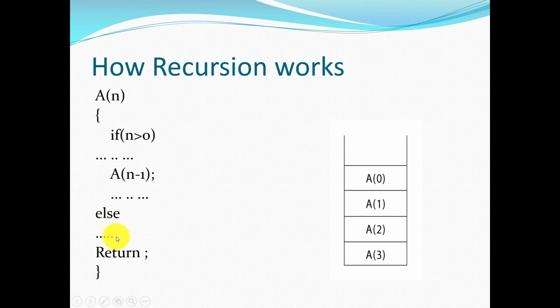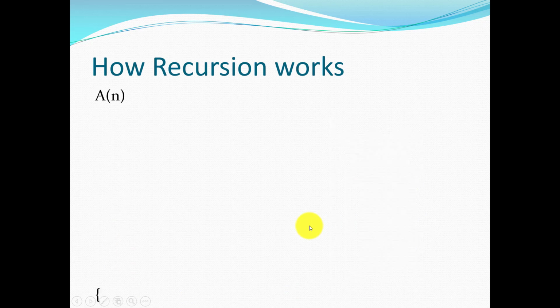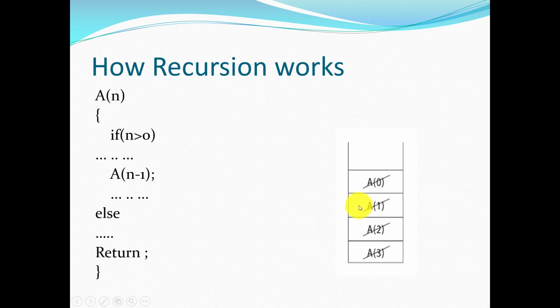Next it returns from the else part and returns all the functions, starting from the top of the stack, and they execute. We know that the stack pointer points at the top of the stack. The result of A of 0 goes to A of 1, then A of 2 and A of 3, and like that all these activation records are completed, executed and return the result.